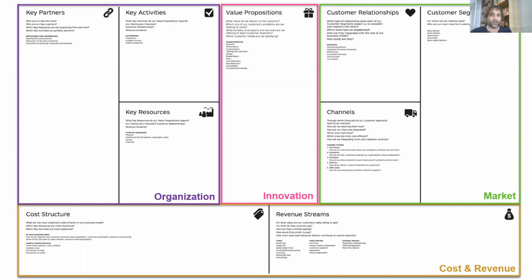What kind of assets do we need? What kind of work do the people need to do in our organization? Etc. So everything that you need in the organization to make the innovation happen. So in there you see the 4 components of the business model: innovation, market, cost and revenue, and organization.